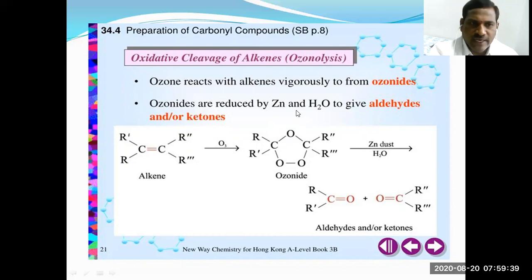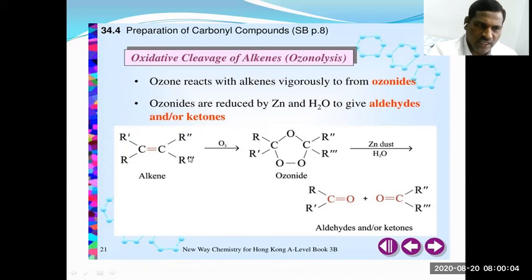Ozonides are reduced by zinc and water to give aldehydes or ketones. So it gives carbonyl compounds. Aldehydes and ketones are called carbonyl compounds. That's why ozonides are reduced by zinc and water to give carbonyl compounds.